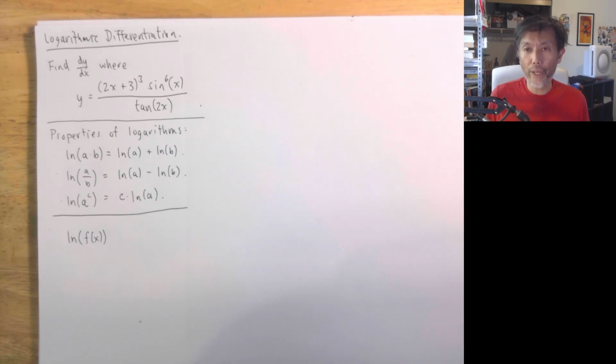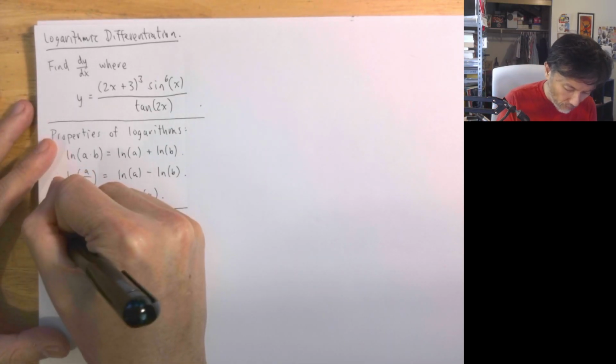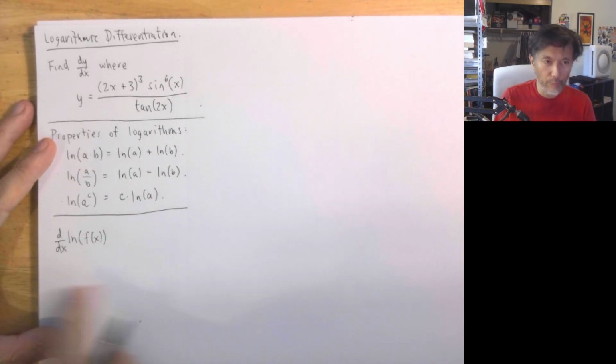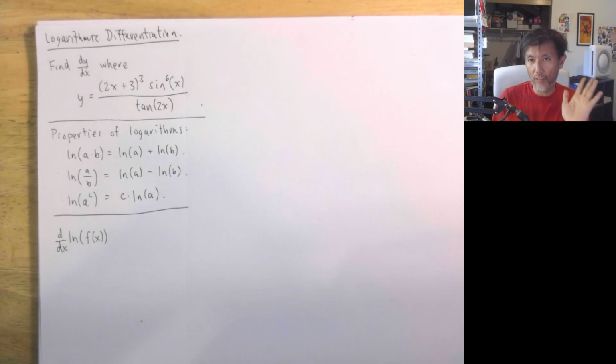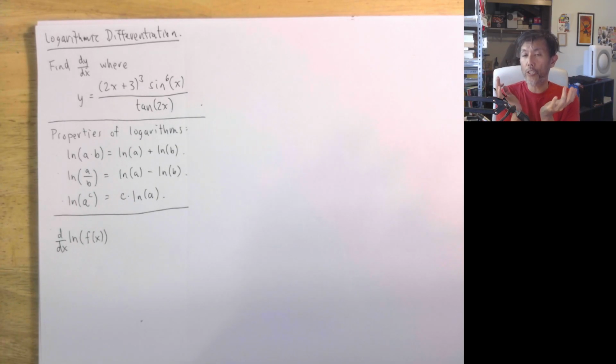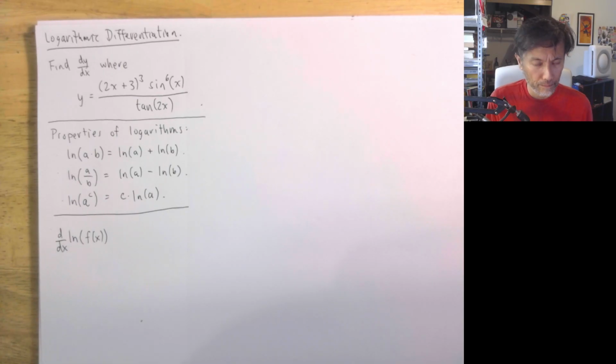Is there a nice way to express this? I mean, d/dx of natural log of f of x. So this is a composition of functions, right? We're taking the output of f and shoving it into this other function, log. And what's the derivative is the question.